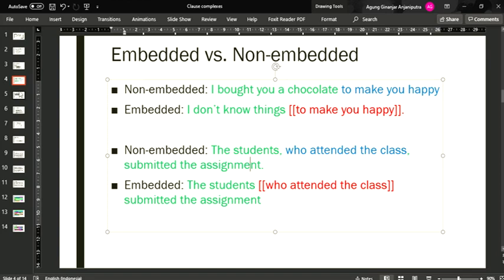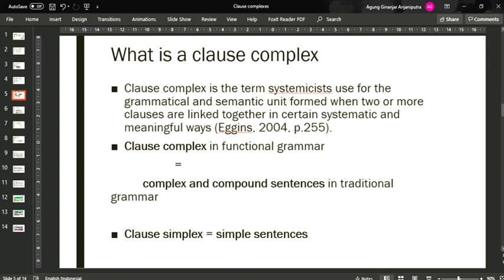Okay. The next one, we'll see what a clause complex is. Clause complex is the term in functional grammar or functional linguistics, used for a grammatical and semantic unit formed when two or more clauses link together in certain systematic and meaningful ways.